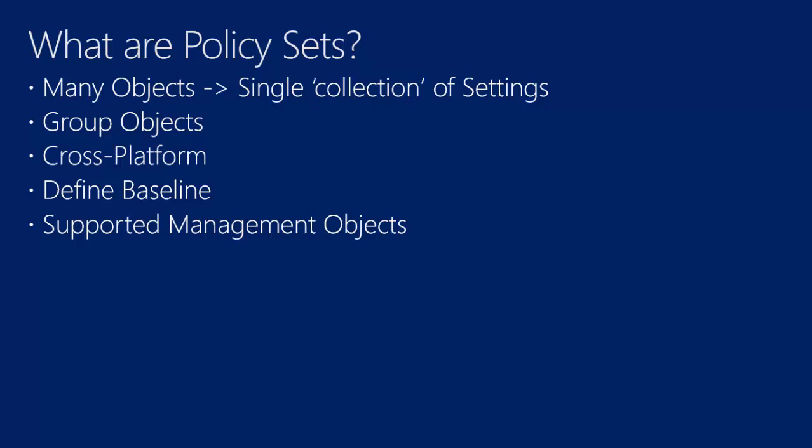Now, while that's an awesome capability that we have, and it's really good to know that we can do that, I'm in the mindset of trying to keep things siloed by OS. In other words, if I'm going to build a policy set, I'm going to do it factoring in my devices and users.